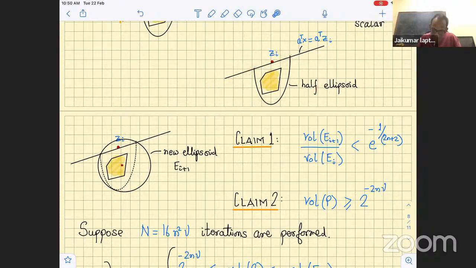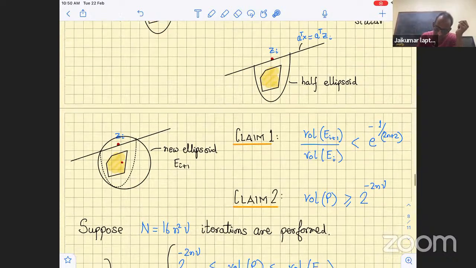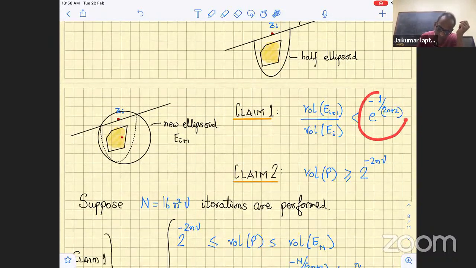I live with it, but the point is that I have a nice object like an ellipsoid going for me, and I make some dent in the volume, 1 minus 1 over 2n. And if I run this a polynomial number of times, the volume will become so small that it will have to be inside the polytope. So this is one claim.